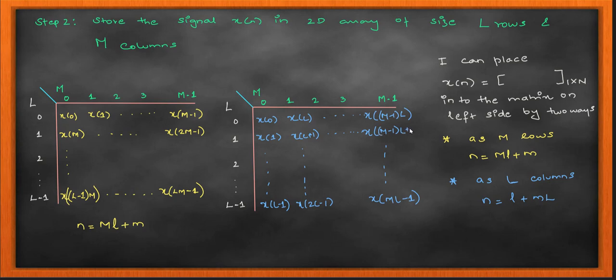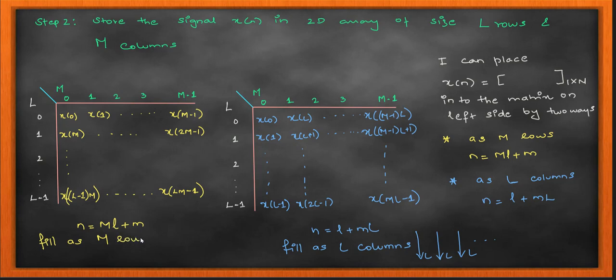We are looking at only the theory at this point, and when we cover some numericals, it will be more clear how this is done. So for now, I think this should be clear. This is filling it as L columns, and here I am filling it as L rows, which means I first fill the columns and then I go on. Here I do it row-wise. That is what it is.